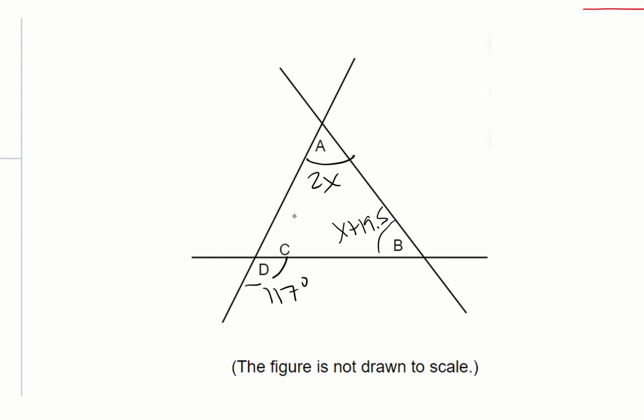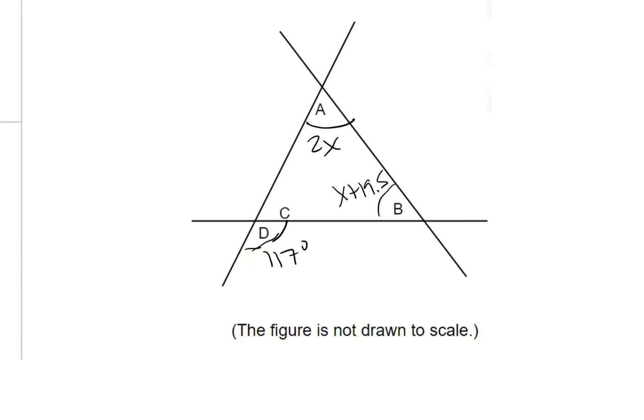Okay, so basically, we've got to figure out something that helps us find x using these relationships. Well, we know that this angle right here is an exterior angle. Because that's an exterior angle, remember, the exterior has to equal the sum of the remote interiors.